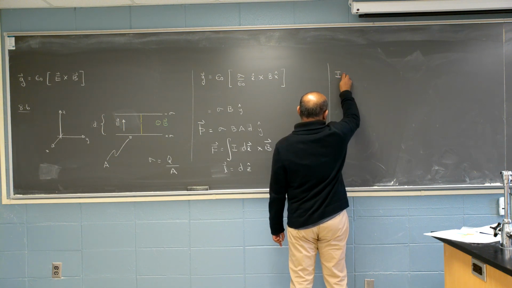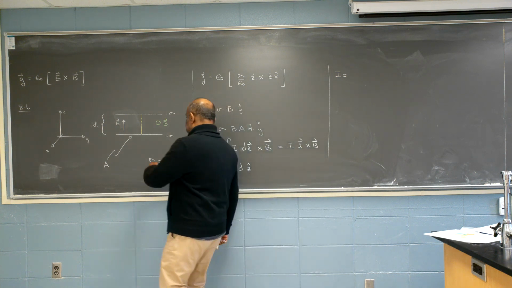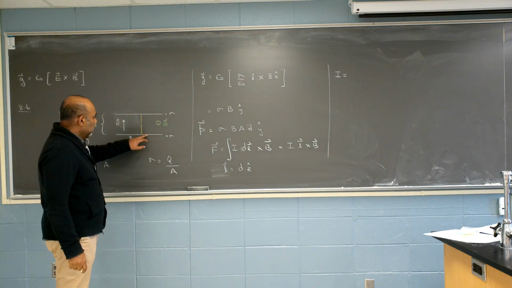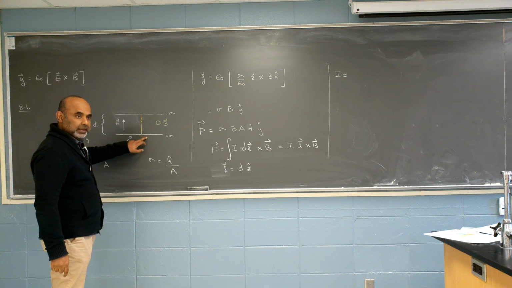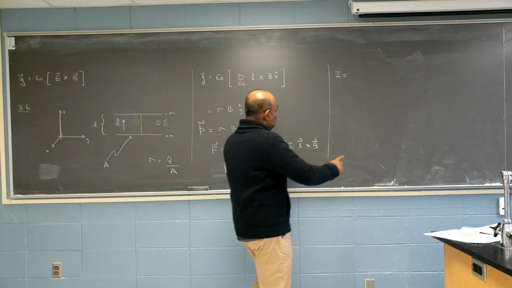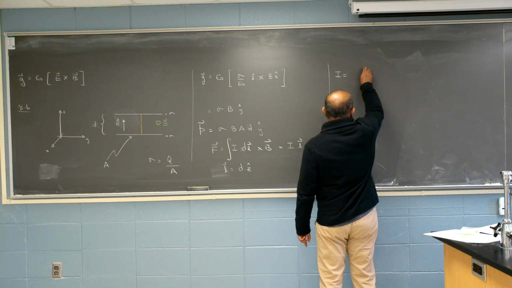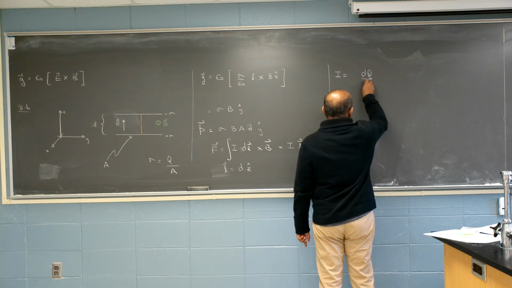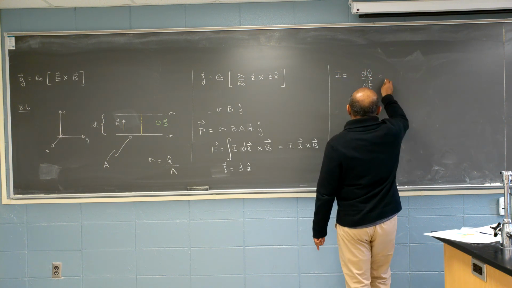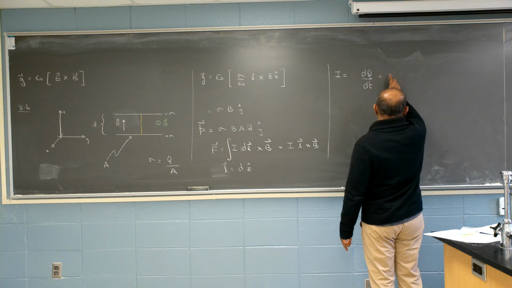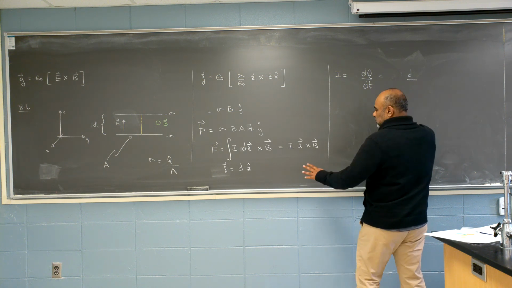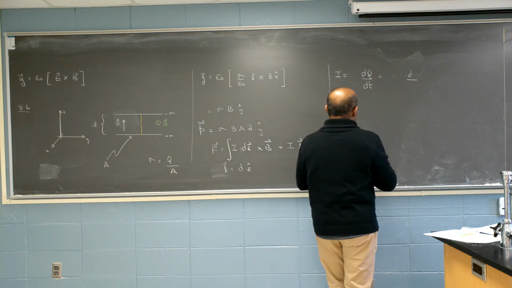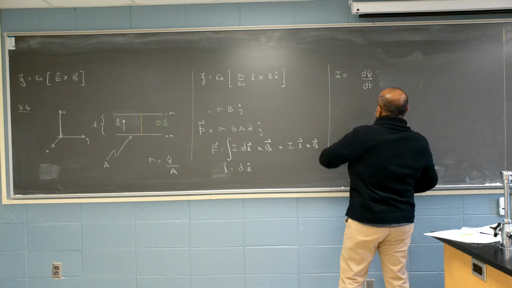I is the rate of change of charge on this plate. Well, notice I'm going to put a little space here. Let me fill this out. Space D. I don't need to put anything more, I don't think.